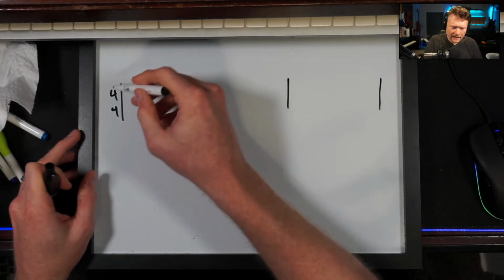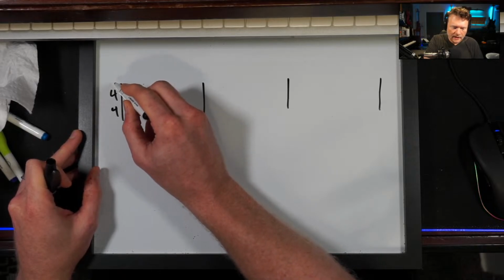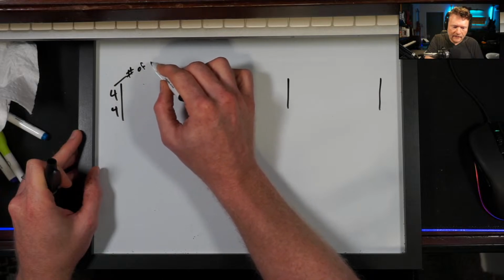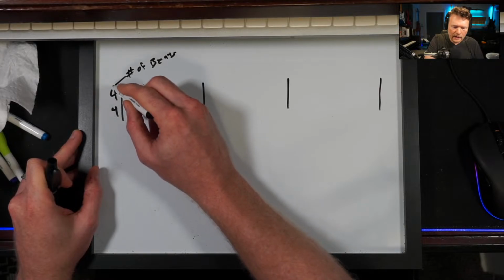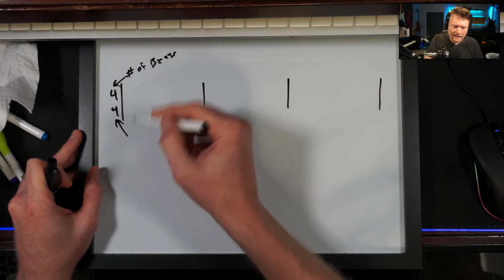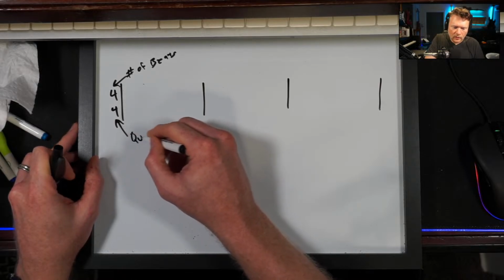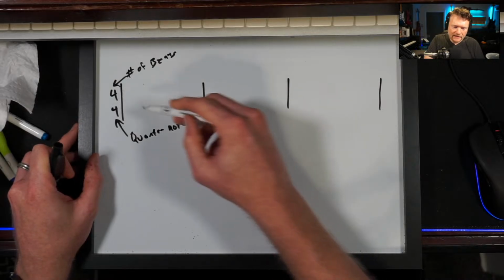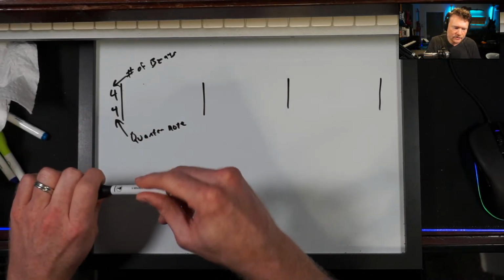The top number tells you how many beats are in the measure. And the bottom number tells you what you're counting as a beat. In this case, it's a 4, so it's a quarter note. Basically there are 4 quarter notes, or the equivalent of 4 quarter notes, in each of these measures.